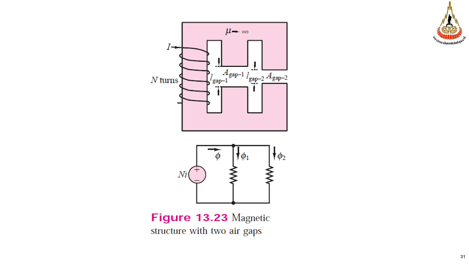If we neglect the reluctance of the material, we can get a simpler circuit, like this circuit, where we consider only the reluctance of the air gap. It affects the circuit most.